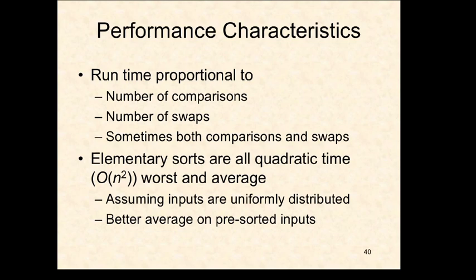We can also look at averaging it over every possible ordering. With 1,000,000 items, we wouldn't want to do that. That would be 1,000,000 factorial. But let's say I just had 10 items. With 10 items, there's 3.6 million possible orderings. That's 10 factorial. One of them is absolutely the best, one of them is absolutely the worst.